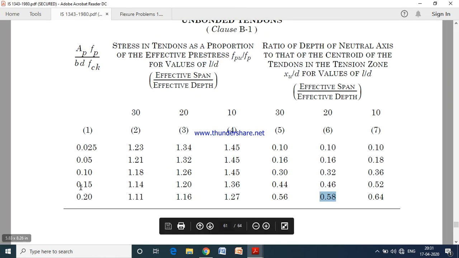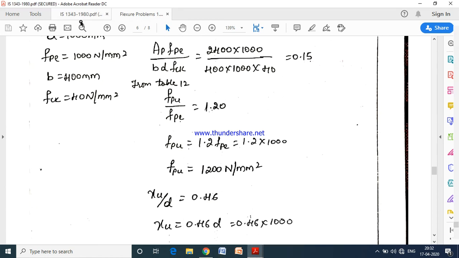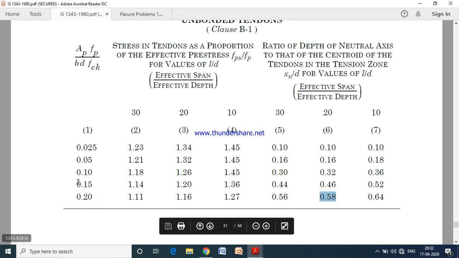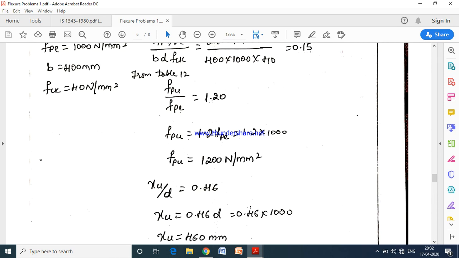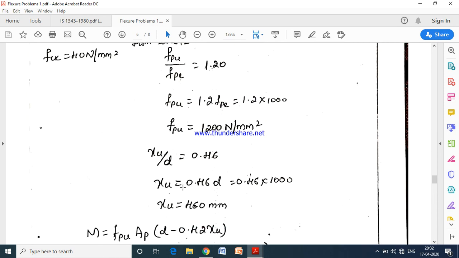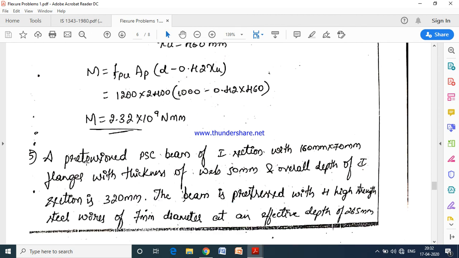Ap fp by b d fck is 0.15 and L by D ratio is 20. So go here, 0.15 and L by D 20, it is 1.2, and for this it is 0.46. Take the same values, 1.2 and 0.46, and substituting we will get the ultimate flexural strength of the member.